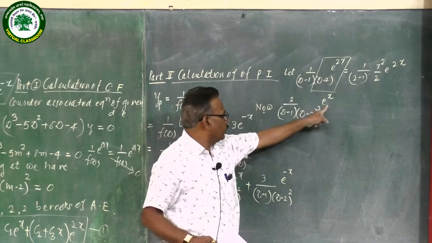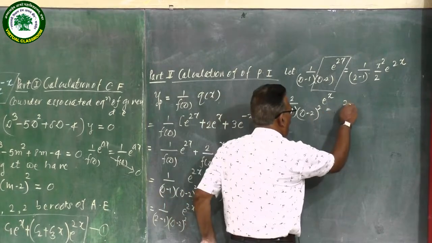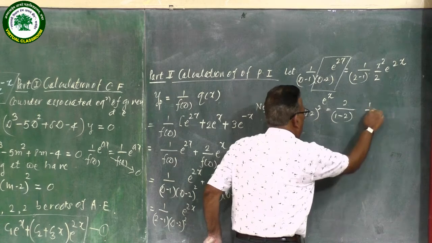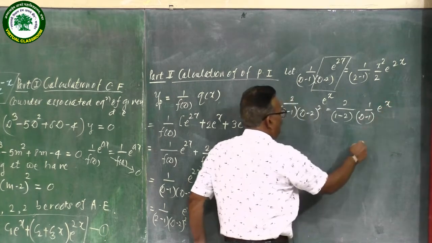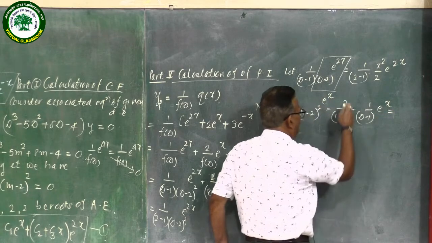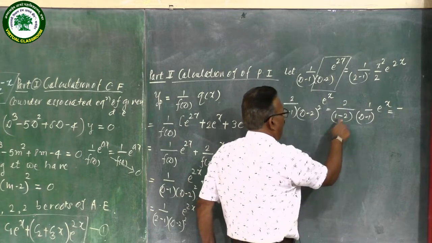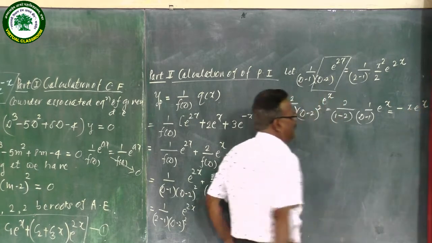Therefore, we have to substitute D equal to 1 here, and this part will be converted to 2 upon 1 minus 2 into 1 upon D minus 1 into e raised to x, which is equal to minus 2, plus 2, the sign will be minus here, and x into e raised to x.